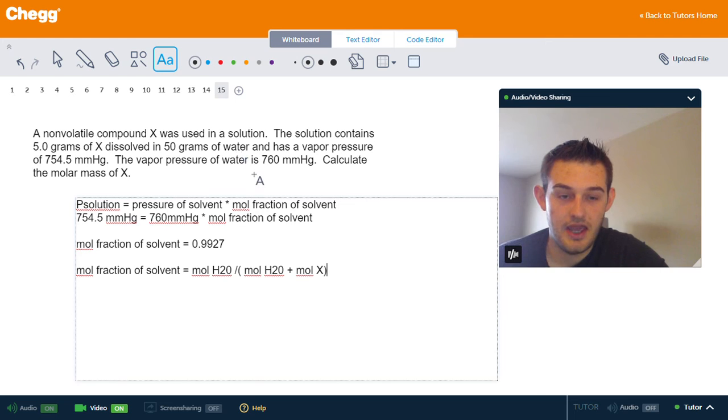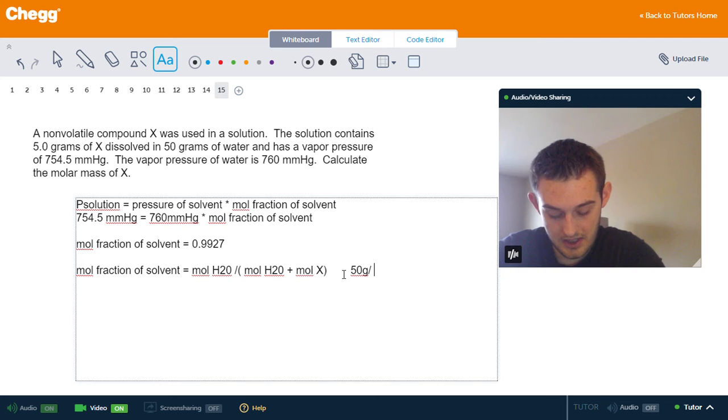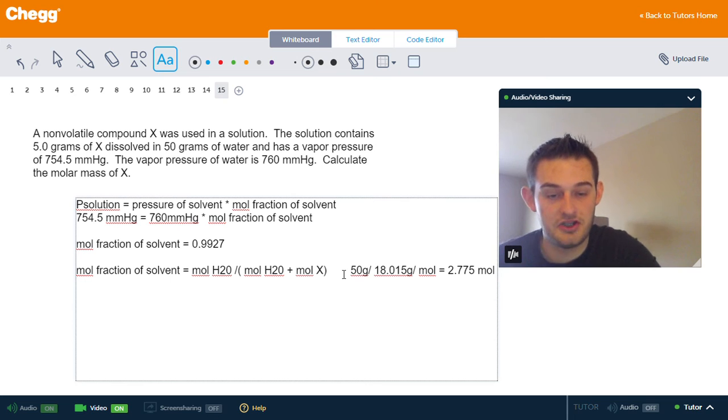Okay. And so first thing we have to do is calculate the moles of water from grams. So we know that we have 50 grams of water, and we know that the molecular weight of water is 18.015 grams per mole, and we do that division, and we end up with 2.775 moles of H2O.